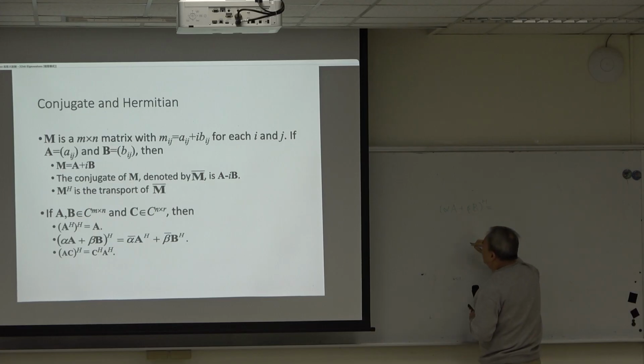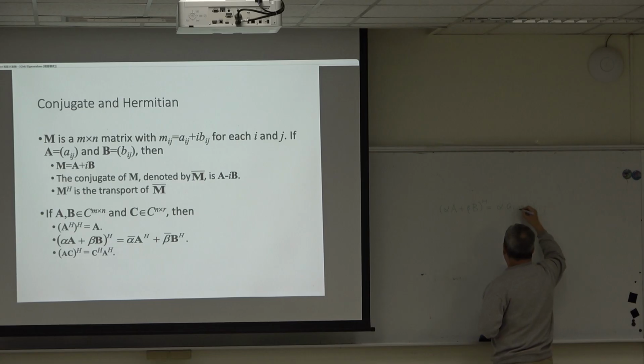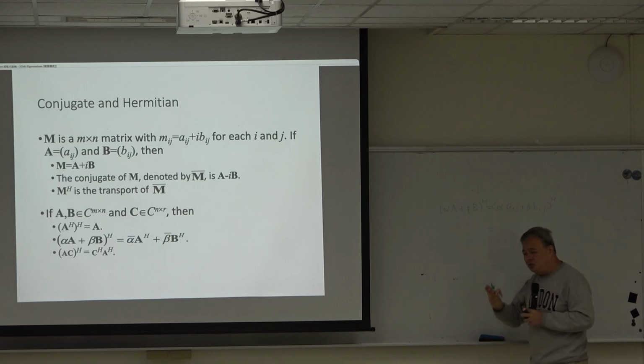If you look at the ij entry, it is alpha times a_ij plus beta times b_ij, and then Hermitian. So it's going to be conjugate and then transpose.